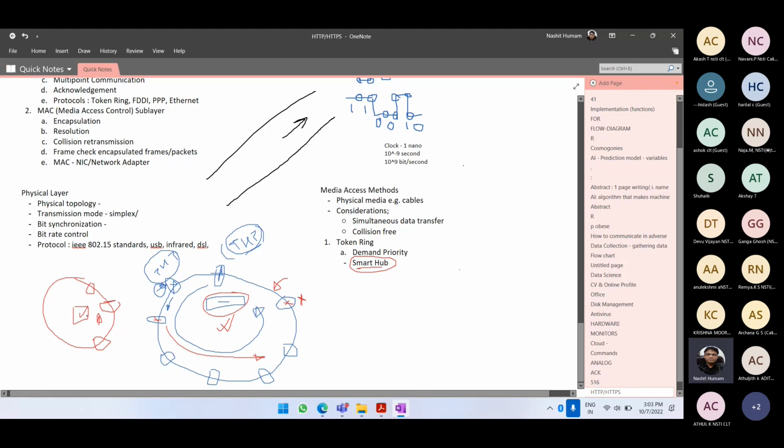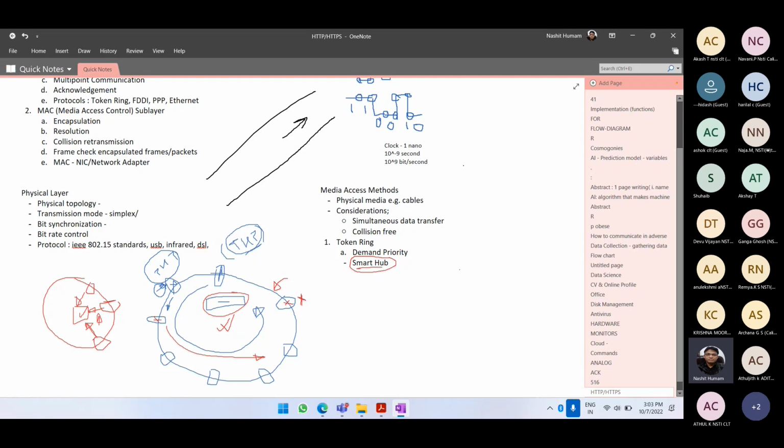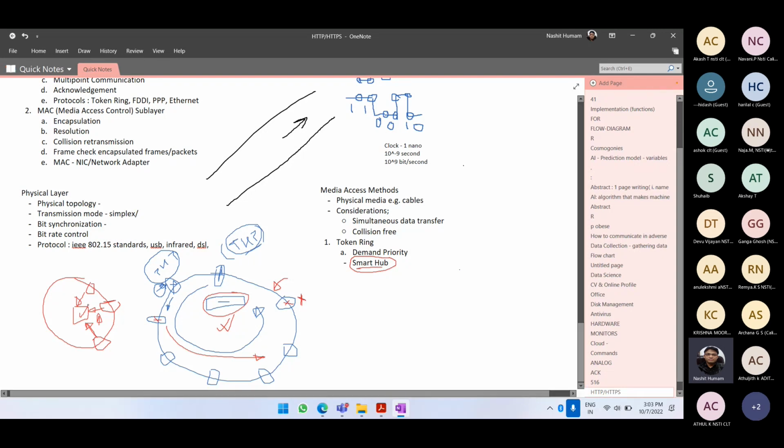So what this smart hub does is it gets requests from all of the devices. Now all the devices send their request. And depending upon which device needs to send data first, or which put its request first, it will be given priority, and the token would be handed over to it.